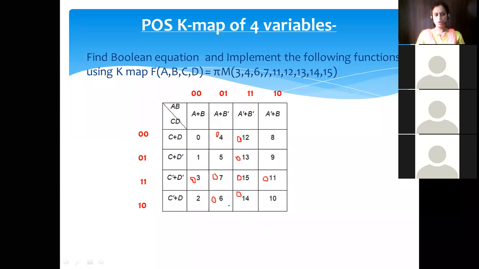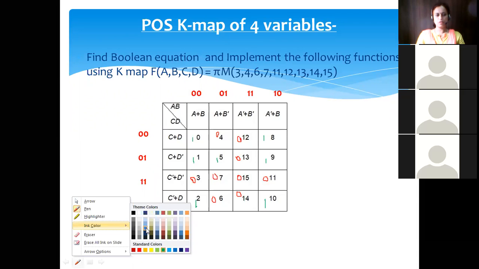Octet is not possible because here we cannot find adjacent zeros at 8 places. At the remaining places there will be 1s. So we have to go for quad only.